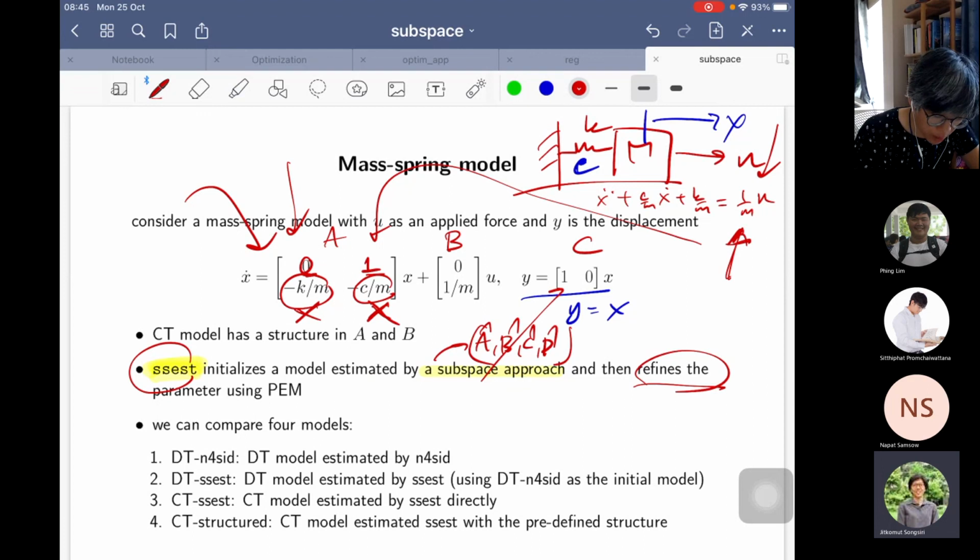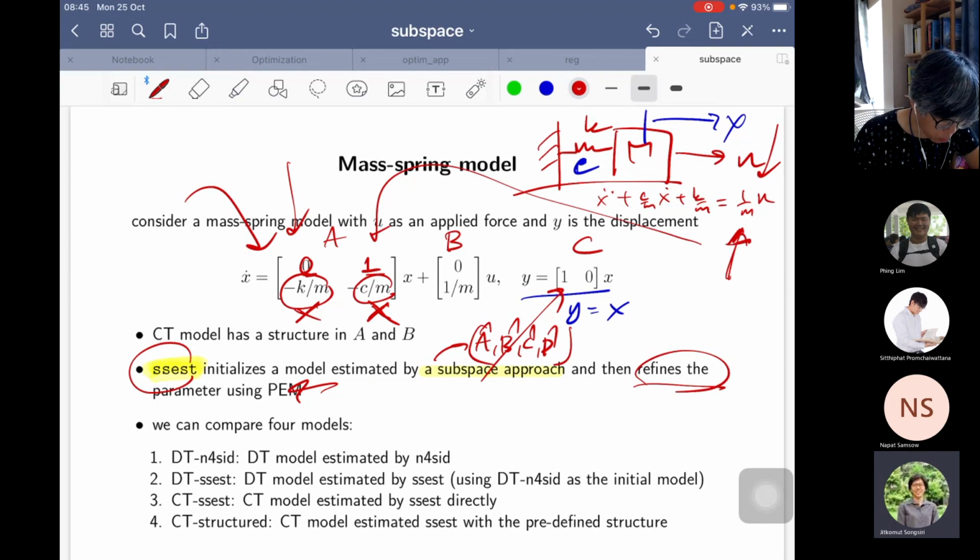Then the algorithm applies iterative methods to refine it, updating the system parameters using the prediction error method to minimize a cost objective, which is a loss function defined in PEM. So the results of SSEST are supposed to be better in terms of fitting performance.